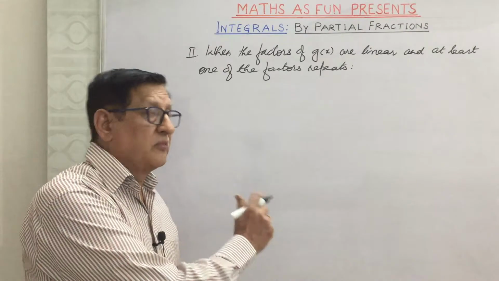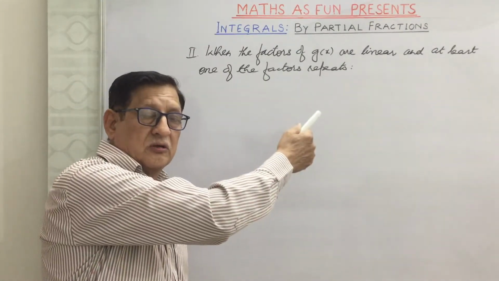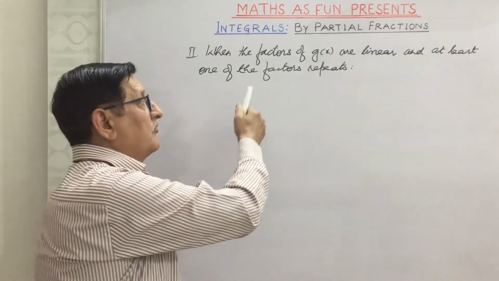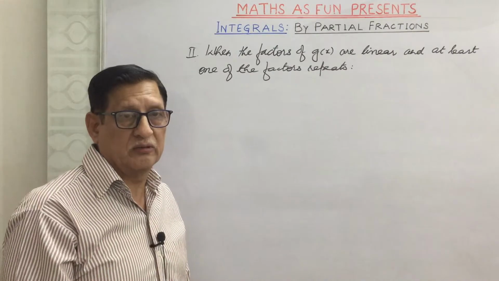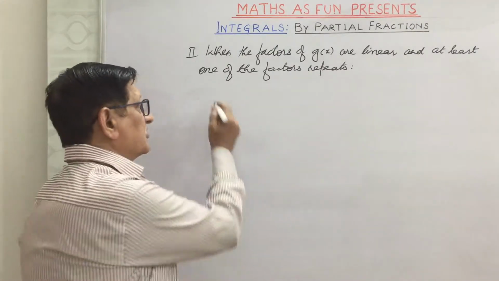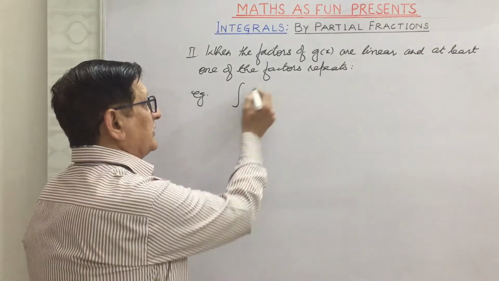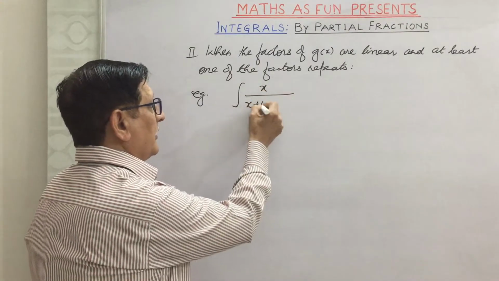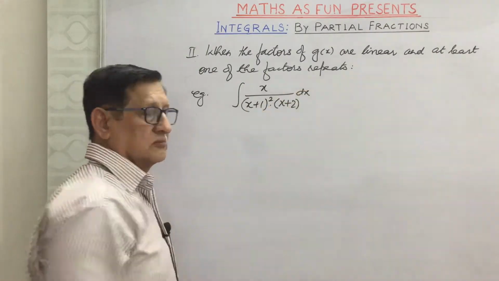In the second type, we have the factors of g(x) as linear functions, but at least one of them is repeating, which means the power is more than 1. For this also, we take an example. Suppose we have been given a problem: find the integral of x upon (x plus 1) square into (x plus 2) dx.